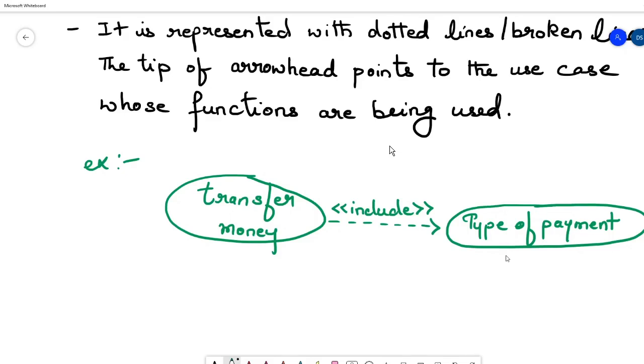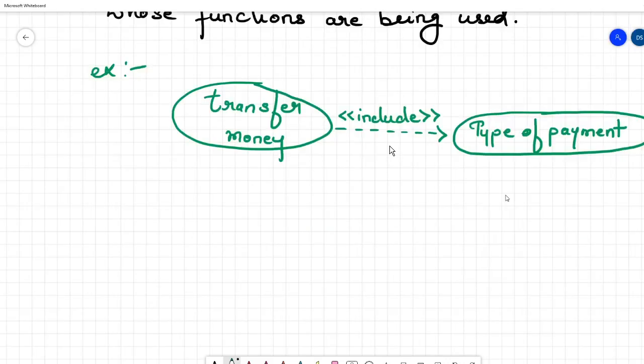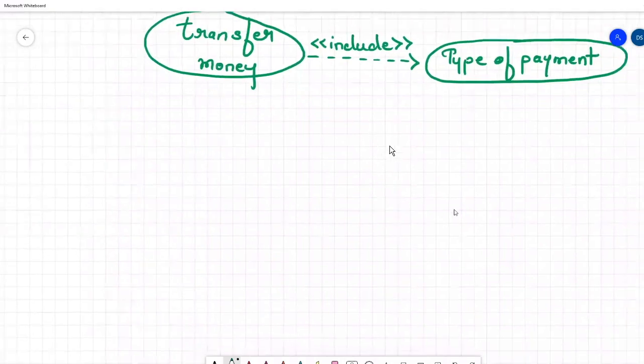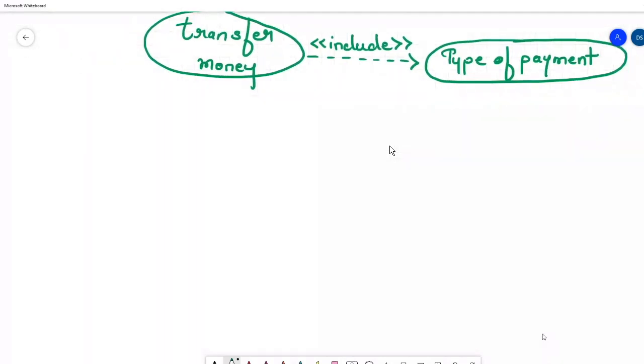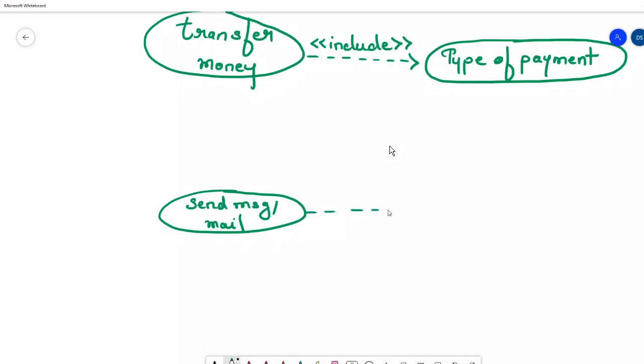Okay, let's see a few more examples. If I talk about sending a message or mail, if a mail has to be sent, it includes login for the system.